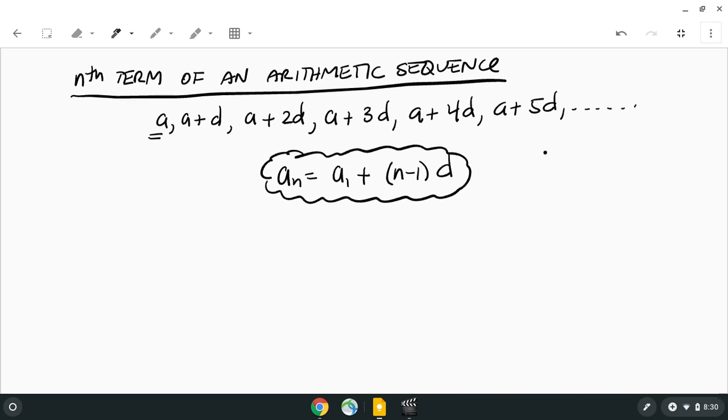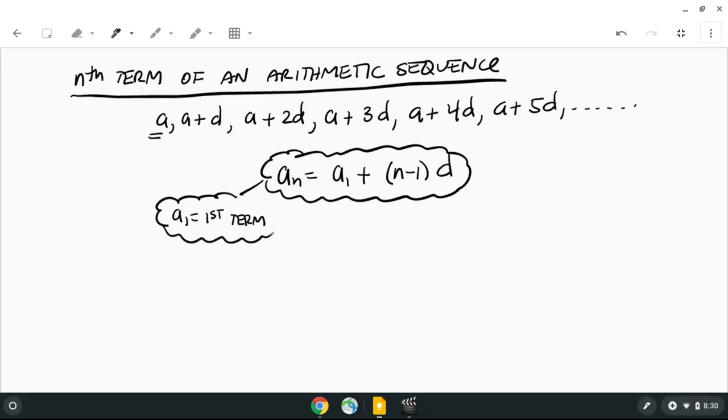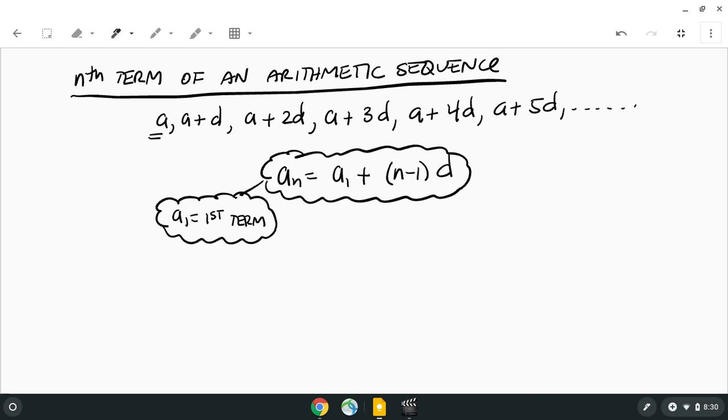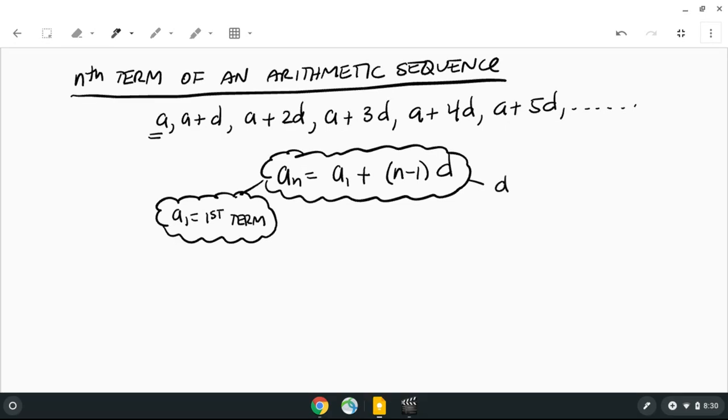So here we know a few things. A1 is your first term. So if you want to be able to write this an formula, you better know your first term. And we also know that d is your common difference.